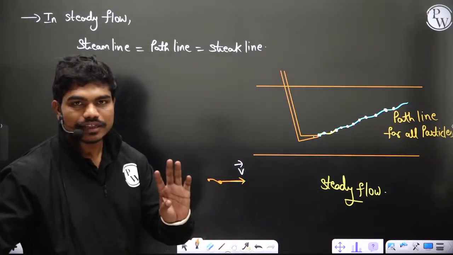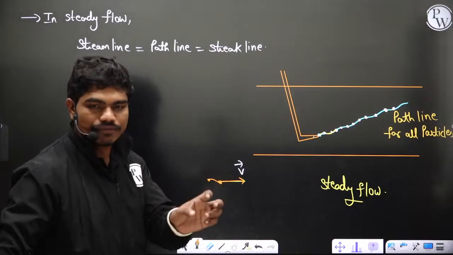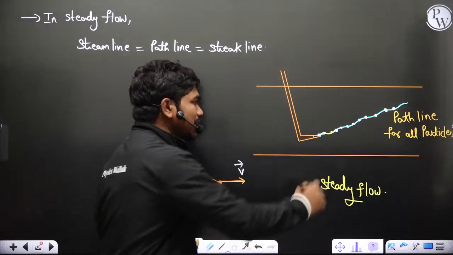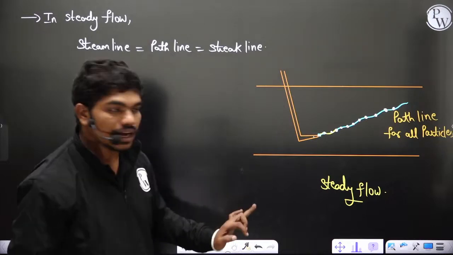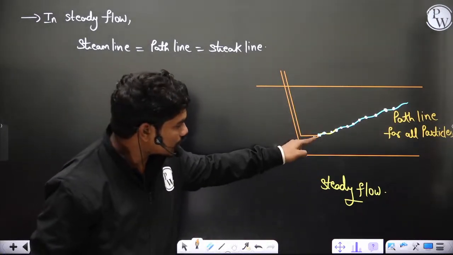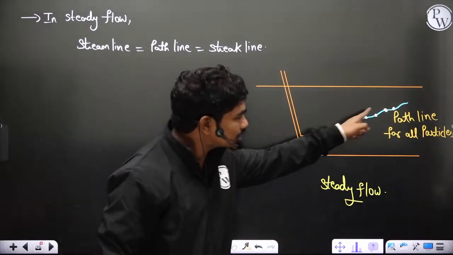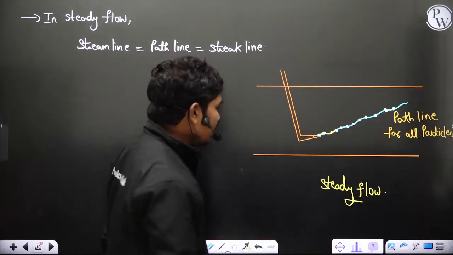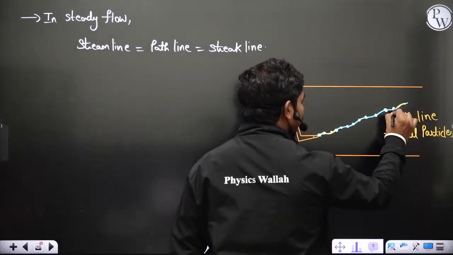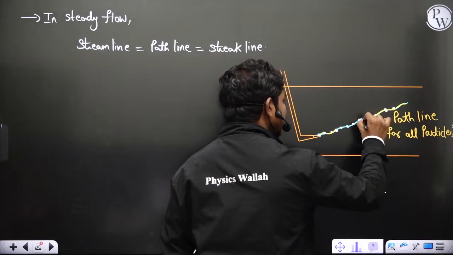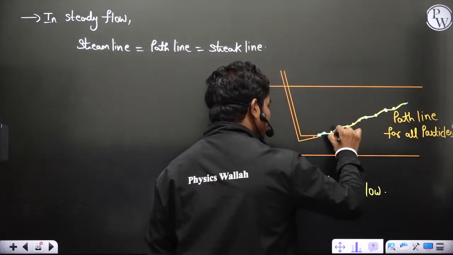The particles are driven by the same forces and have the same velocities, so they have the same path lines. Now, if all the particles coming out of this point lie on this curve, and I take the locus of all these points, my streak line will also lie on my path line. Yes or no?